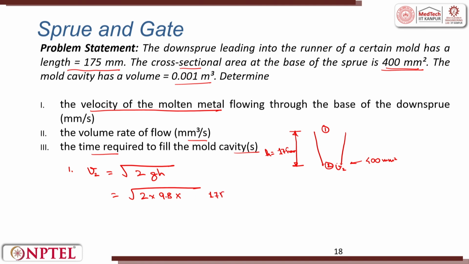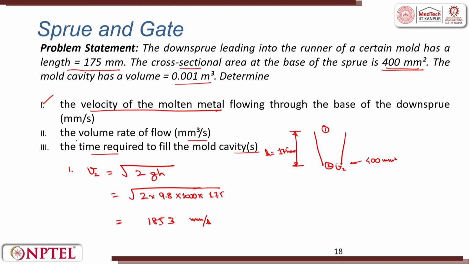I need to compensate, so I put 1000 here because the result is required in millimeters per second. To convert 9.8 meters per second square to millimeters, I have put this 1000. So this value comes down to 1853 millimeters per second. So this is problem 1 solved.